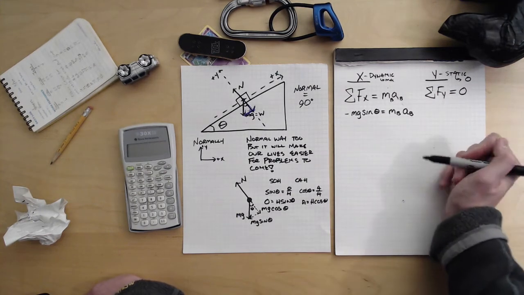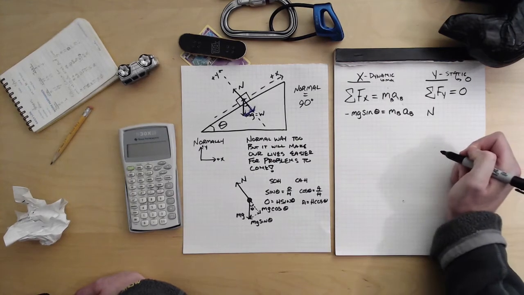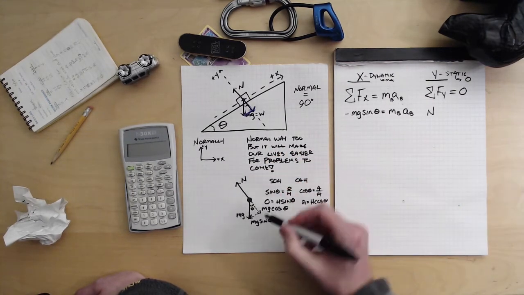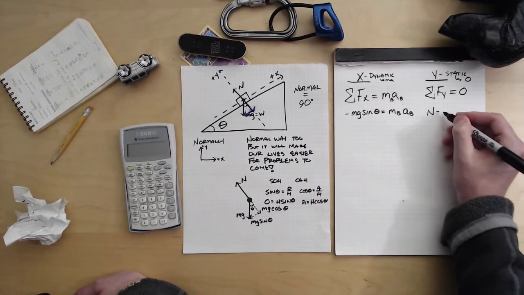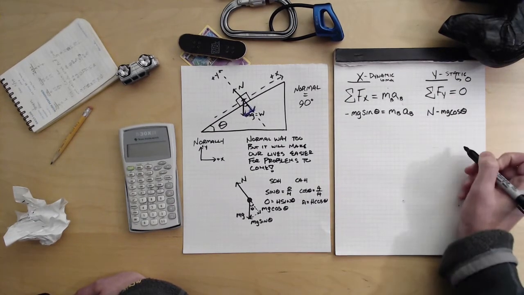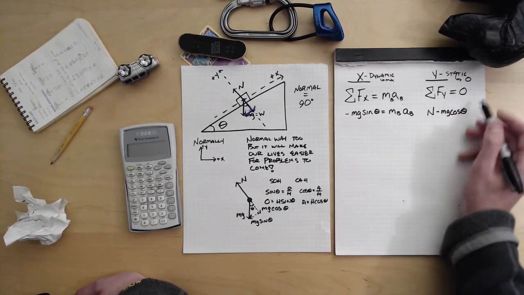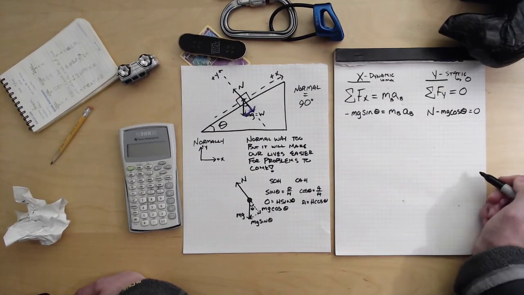So let's look at all of the forces in the y direction. Well, we know we obviously have a normal force going up, but now counteracting the normal force, we have a negative mg cosine theta. And remember that the summation of all of these forces has to equal 0.